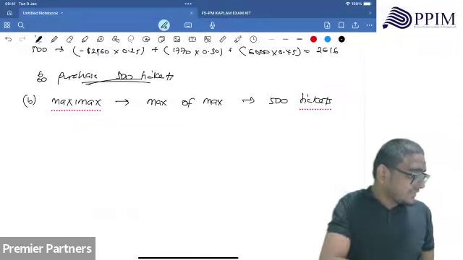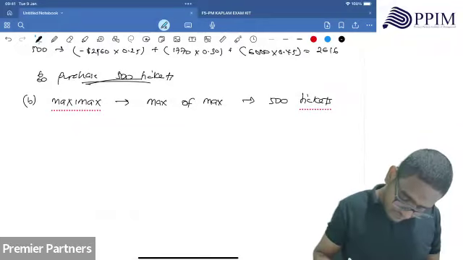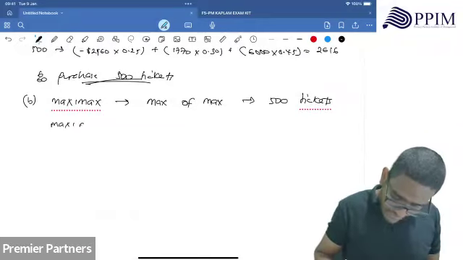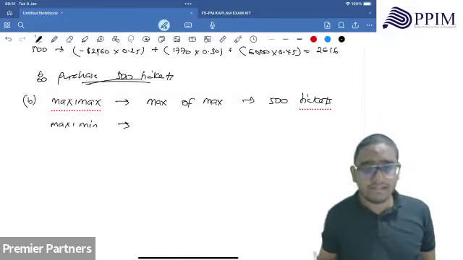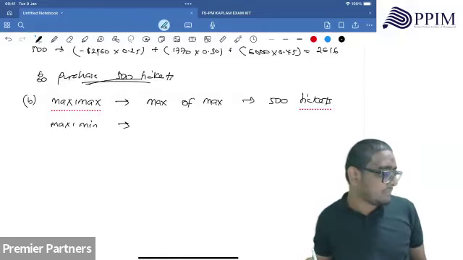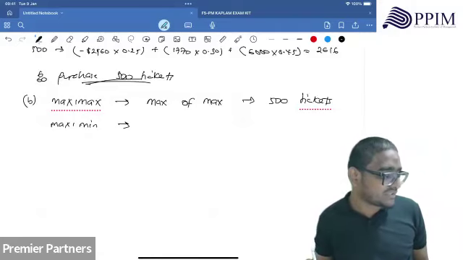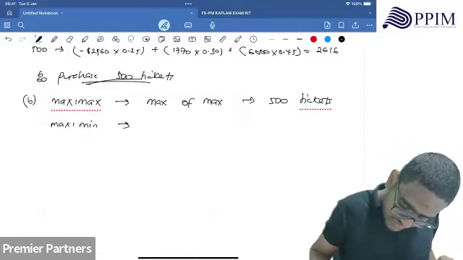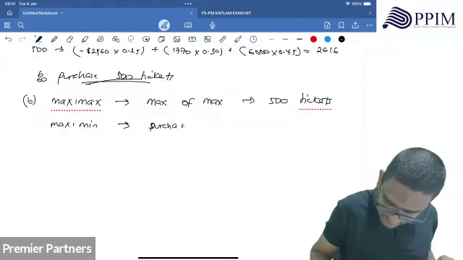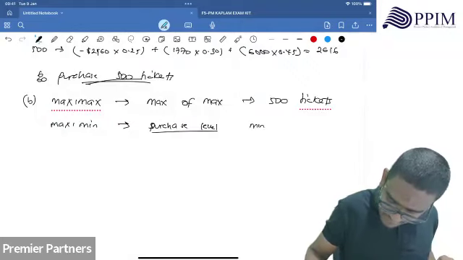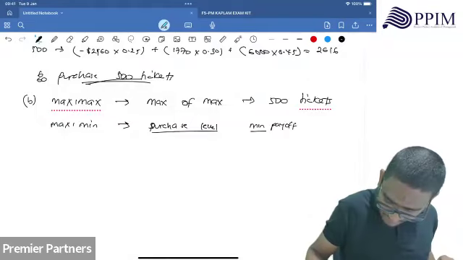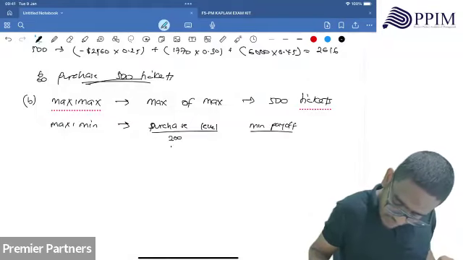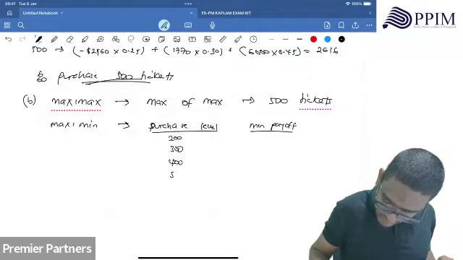Then what's the next one they're asking? Maximin. Maximin, you will take the minimum payoffs, take the maximum out of it. So what is your minimum payoffs? Take your purchase levels, take your minimum payoffs. So 200, 300, 400, 500.